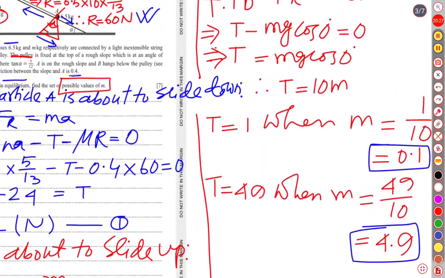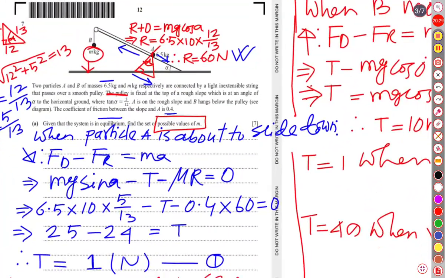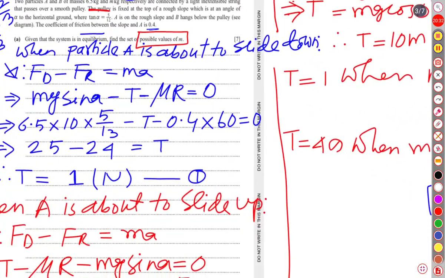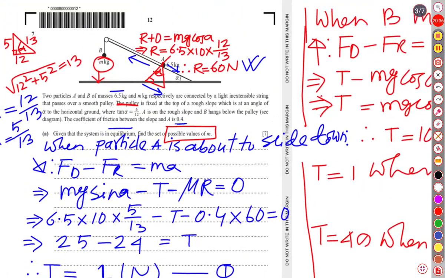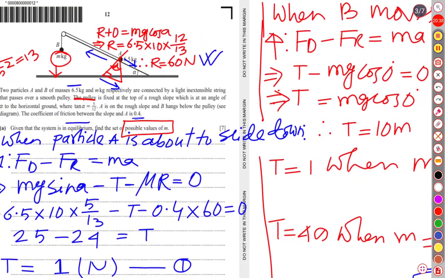It means, when did we get 0.1? When tension is 1 unit, 1 Newton. Look at this. That means if the value of m is more than 0.1 kg, then the particle would slide down. That means both the particle B would move downwards.